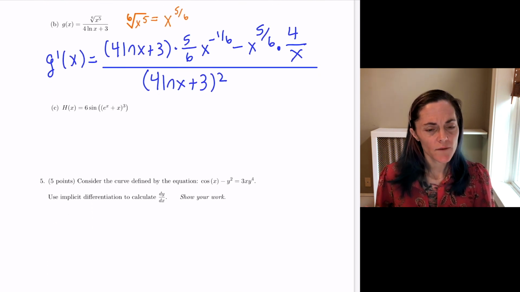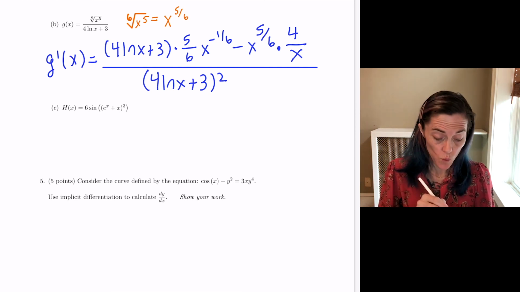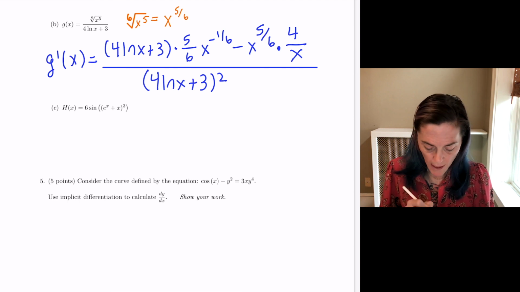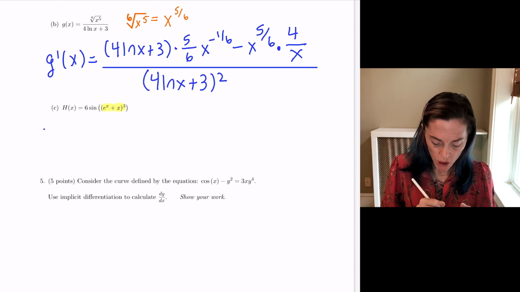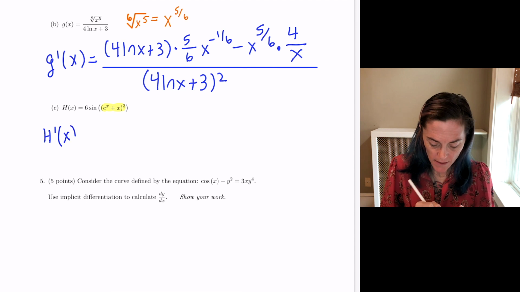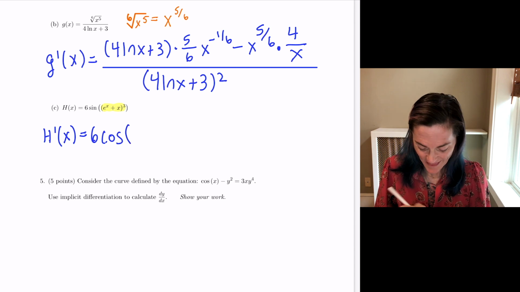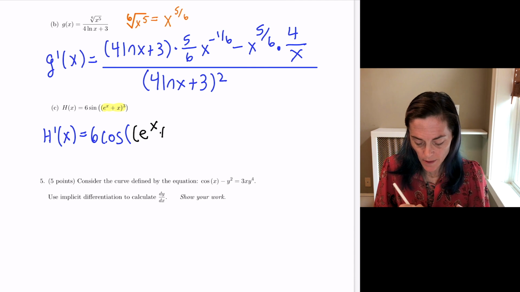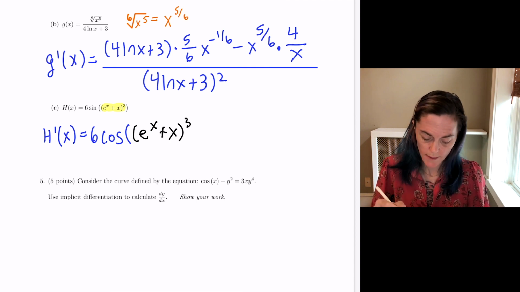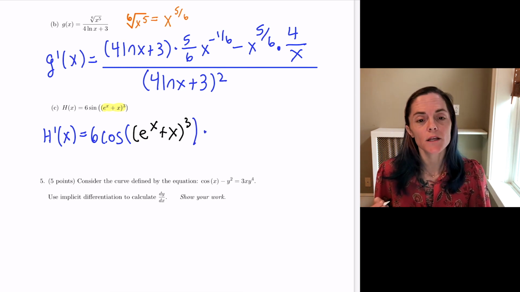Next one, we have h of x. Well, first thing, I have this one inside function right here. So I see, fundamentally, an outside function and an inside function. Let's do the chain rule, h prime of x. So when we differentiate the sine, we have the cosine. Okay, put in the entire inside function, which is e to the x plus x cubed, times the derivative of the inside function.